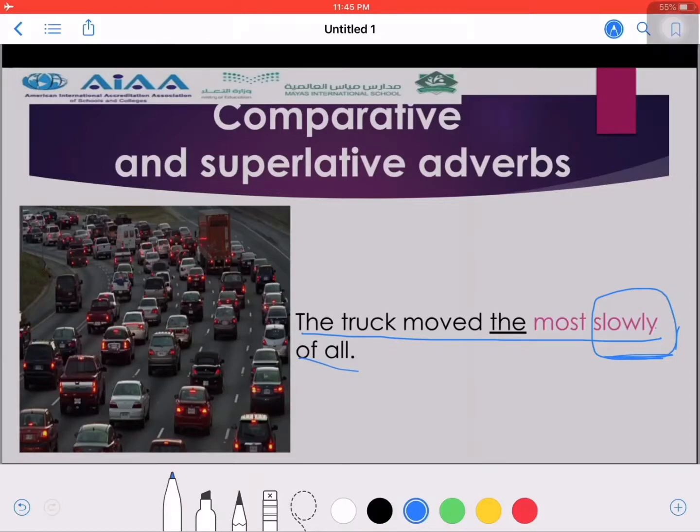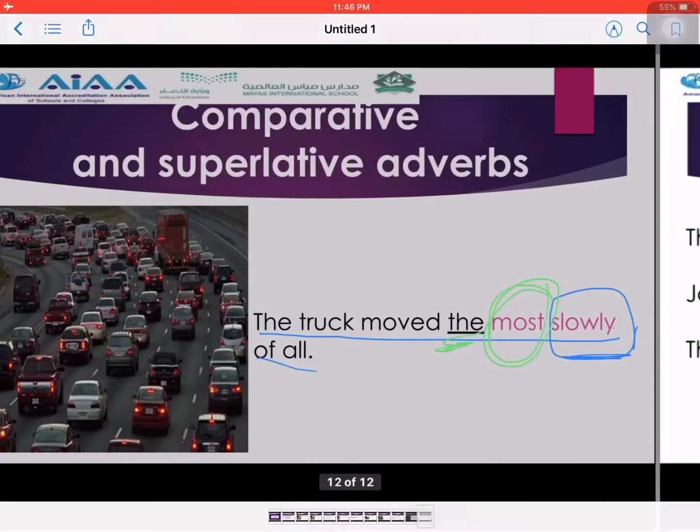Slowly. Yes, excellent. So I use the word most. And here sometimes you can see the word, the article, the. It tells us that this is superlative, not comparative. If it's comparative, you will see the word than.